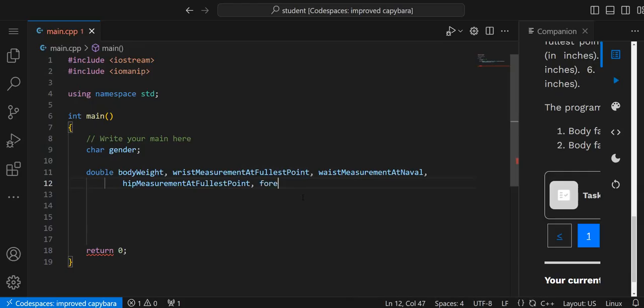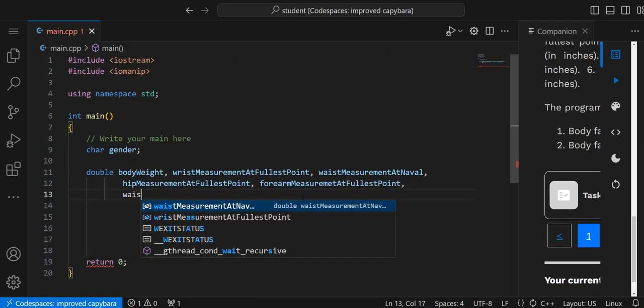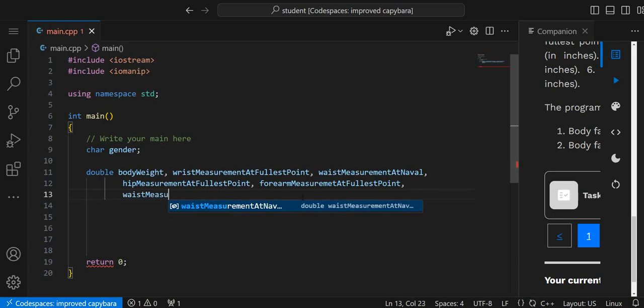Forearm should be one word. Measurement at fullest point. I'm going to do waist measurement, fullest point.